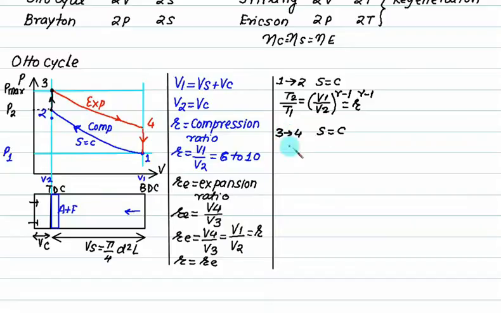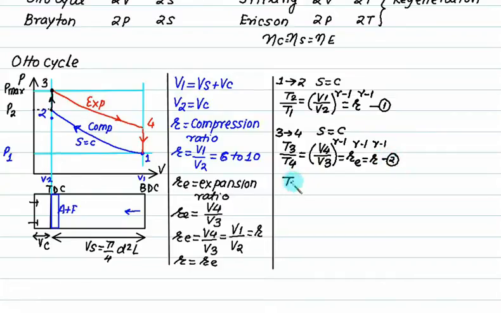T3 by T4 is the same as V4 by V3 to the power gamma minus 1. This is the same as RE to the power gamma minus 1, but RE is the same as R. So if I say this is equation 1 and this is equation 2, the right-hand sides of both equations are the same. So T2 by T1 is the same as T3 by T4.